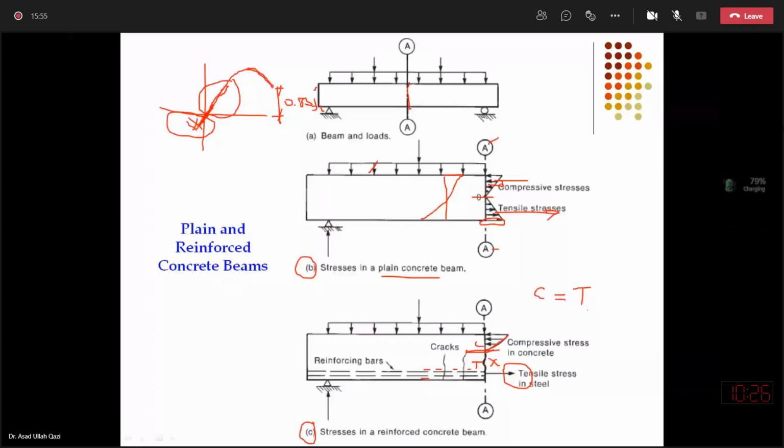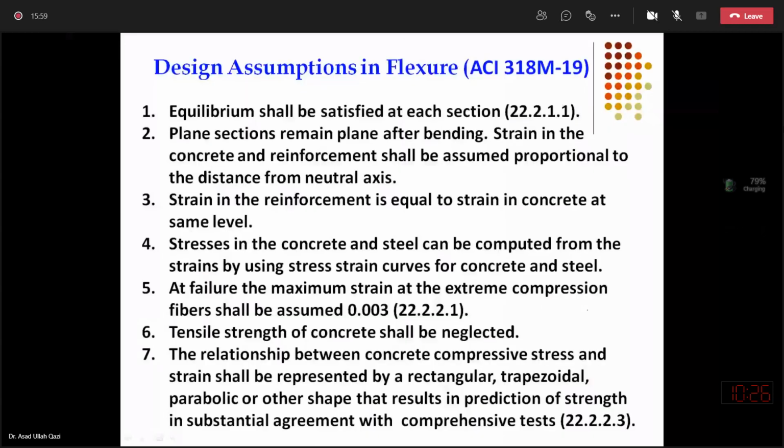Keeping in view these pictures, now we want to discuss a few assumptions which are also present in the 2019 publication of ACI, and these are named as design assumptions. The first assumption is that equilibrium shall be established at each section.